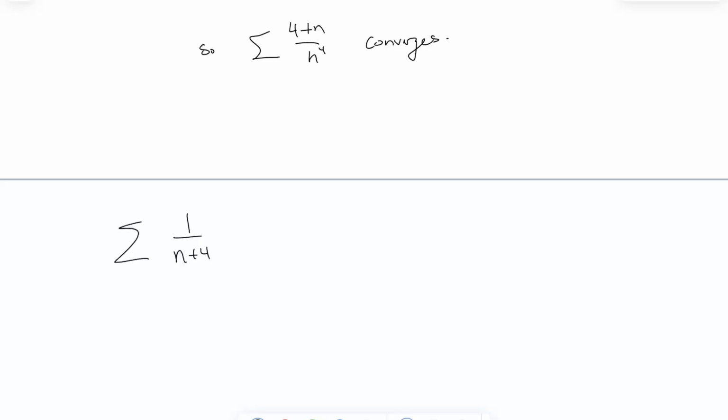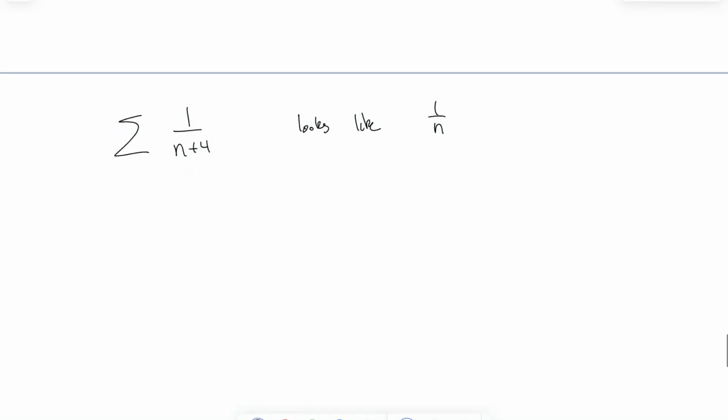Again, when I look at this, I view that plus 4 as more or less insignificant. So this looks like just 1 over n. That's what I'm going to compare it with. All right, so I'm going to do the limit of my original sequence, 1 over n plus 4, divided by my new sequence, which I'm comparing to, which is 1 over n.